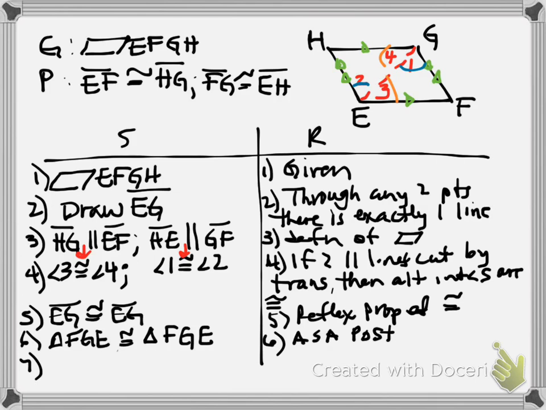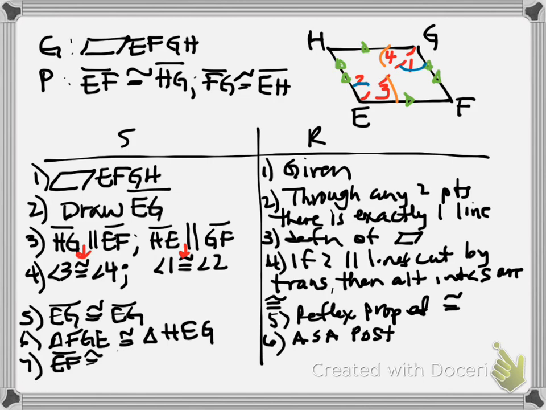You could do symmetric, but it's smarter just to do this. That's why we use pencil in math. No, it's called SMART. So segment EF is congruent to segment HG.